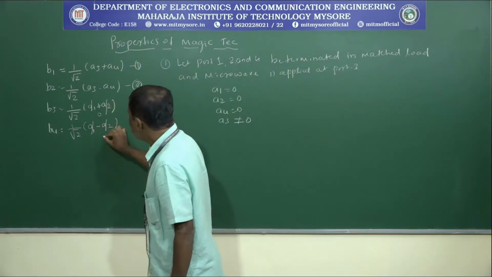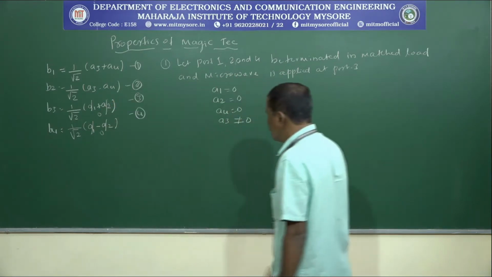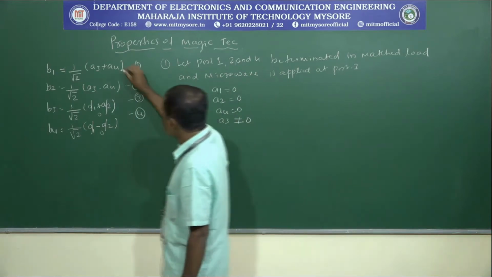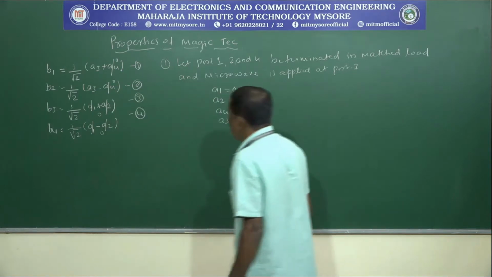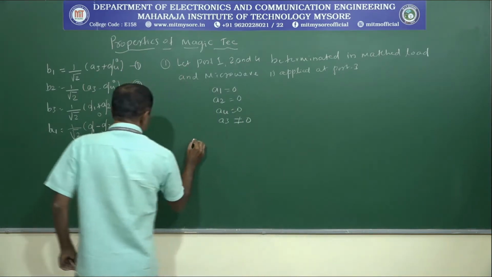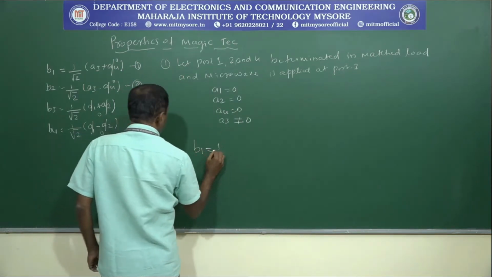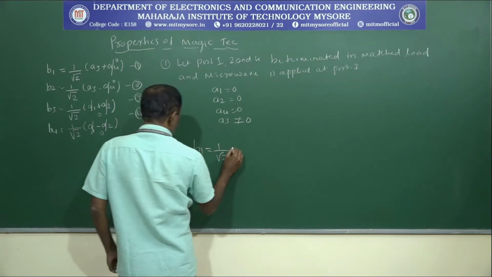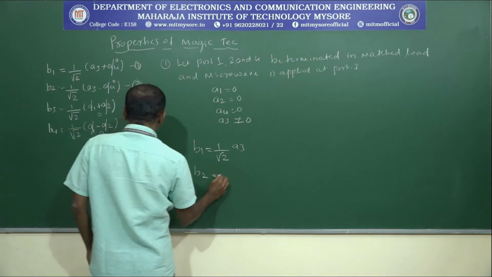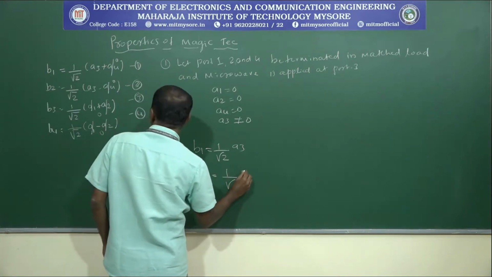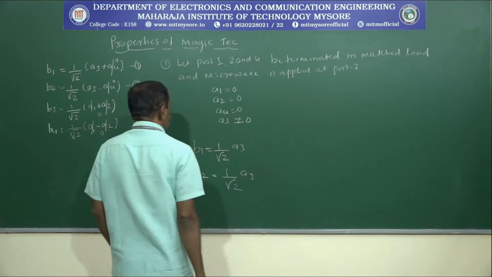So this term is going to be 0 and this term is going to be 0, and A4 equal to 0 here and here also. If you substitute, you are left with B1 equal to 1 by root 2 of A3 and B2 equal to 1 by root 2 of A3.